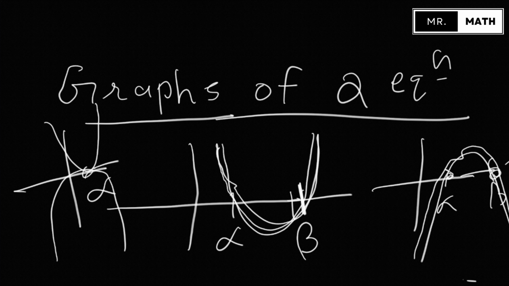Now let's make a graph. x square plus 3x plus 2. Let's find the roots of this equation. We'll use the factorize method. This is plus here, so find the factors of 2 in such a manner that their sum is 3.